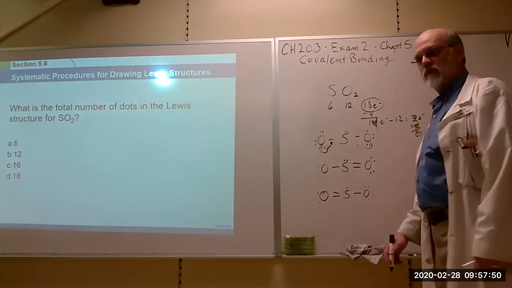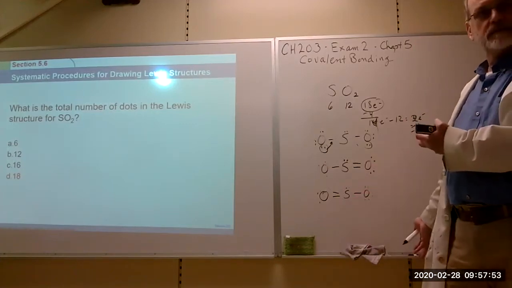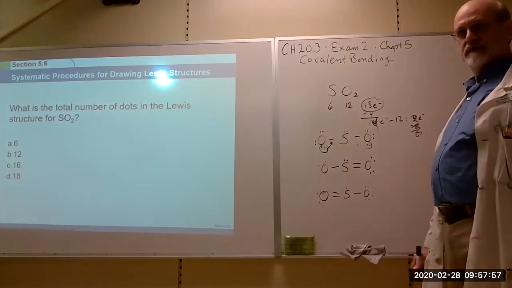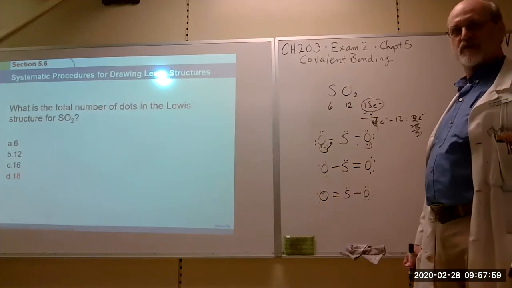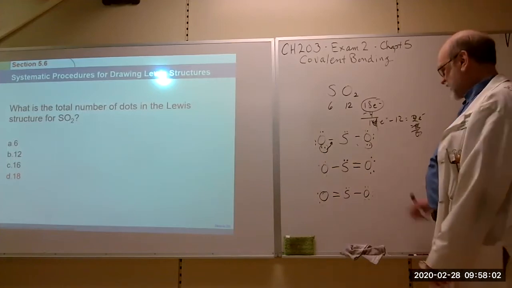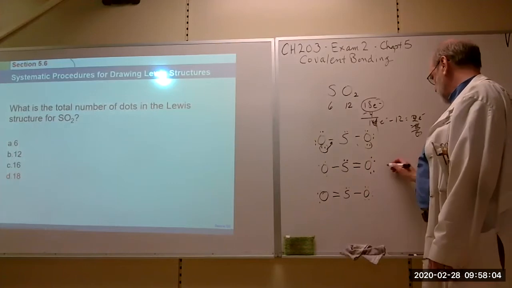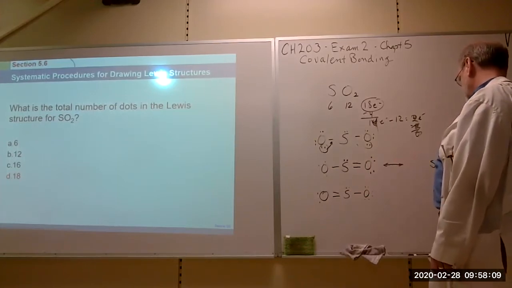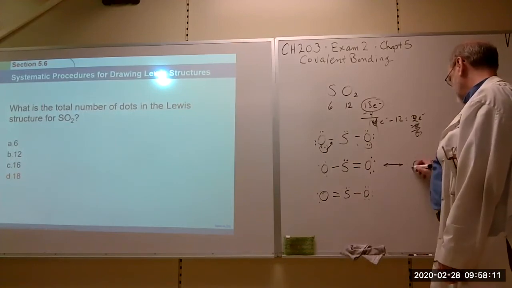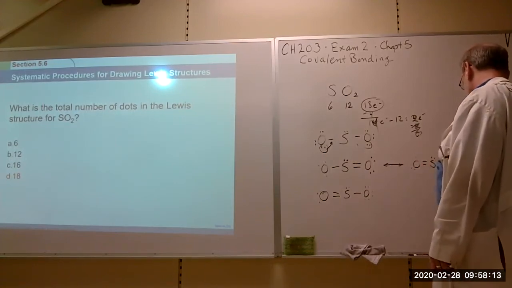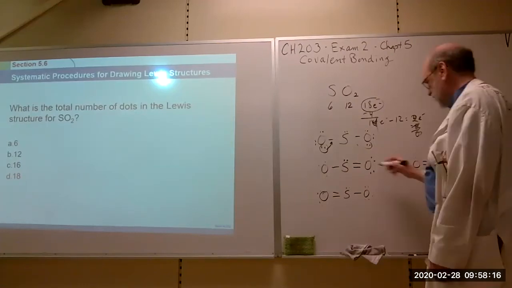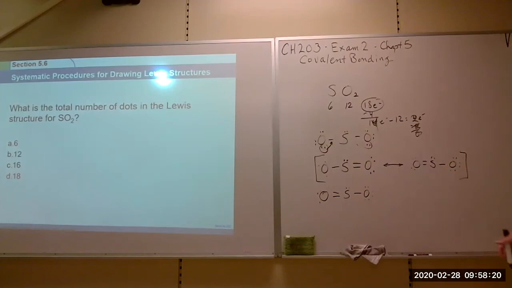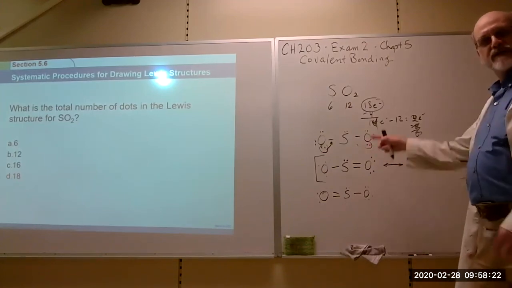So what do we do when we report our structure? Well, we have to use a cheap trick called resonance. So we set this one up, actually, we put it over here, and we say it bounces back and forth between them.